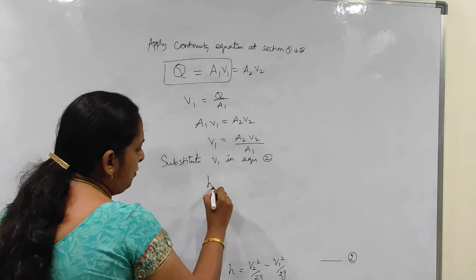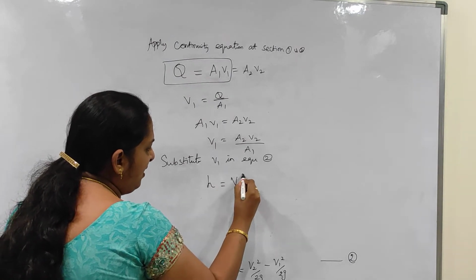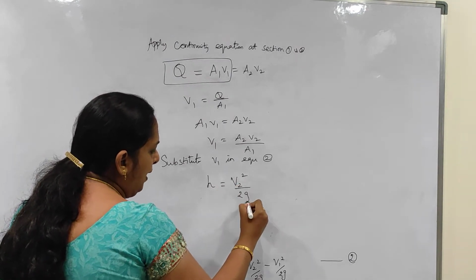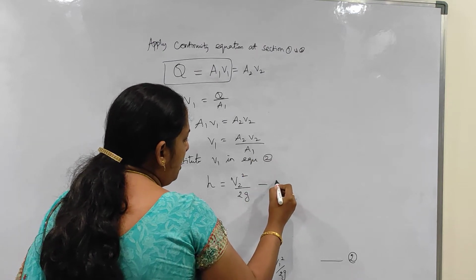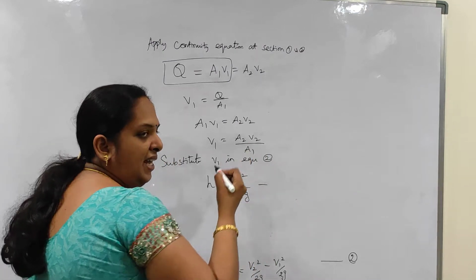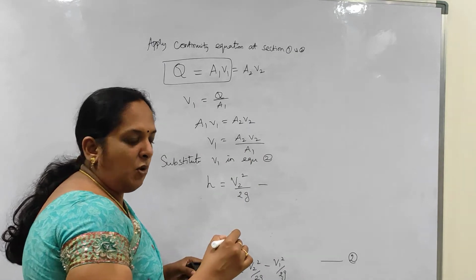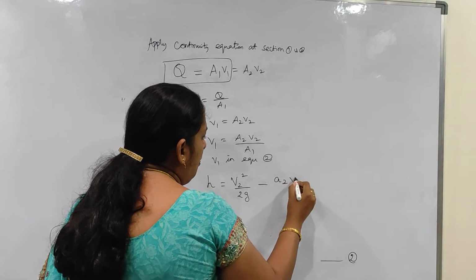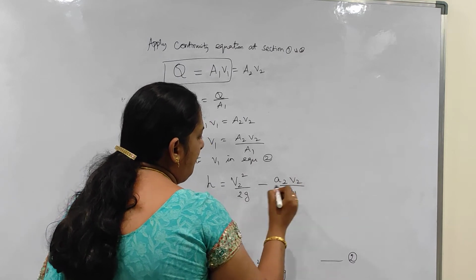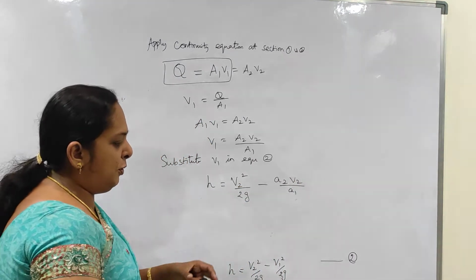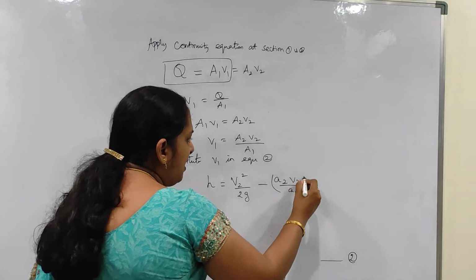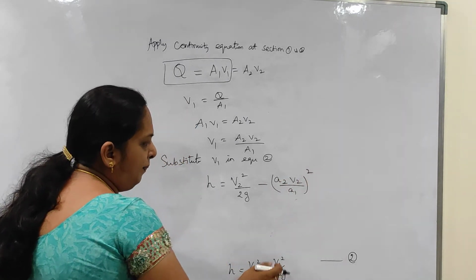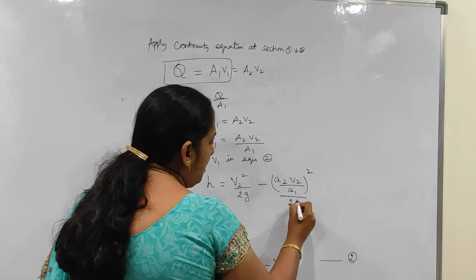So I am going to substitute: H is equal to V2 square by 2G minus, with V1 as small a2 V2 by small a1, that squared, by 2G.